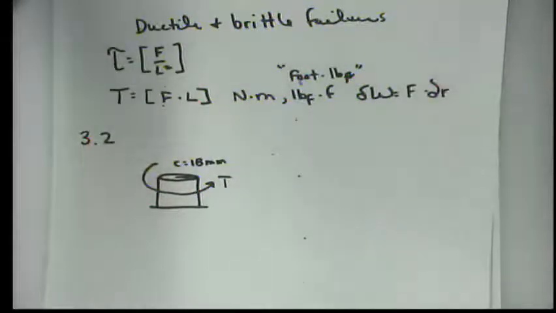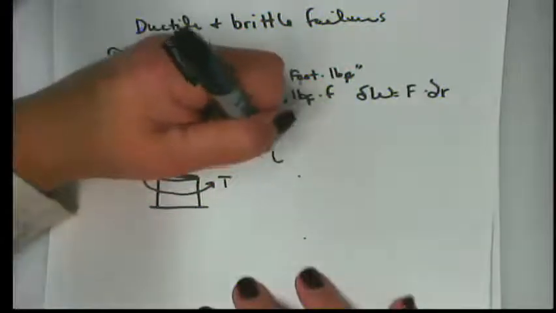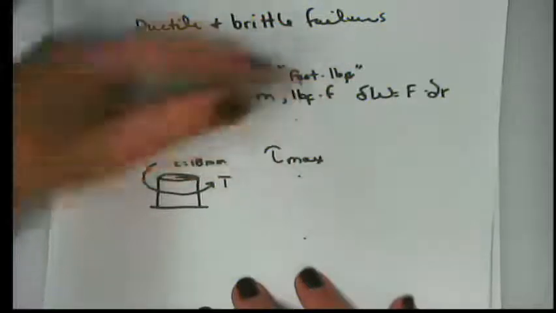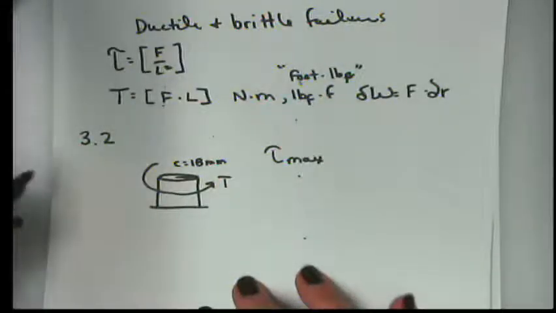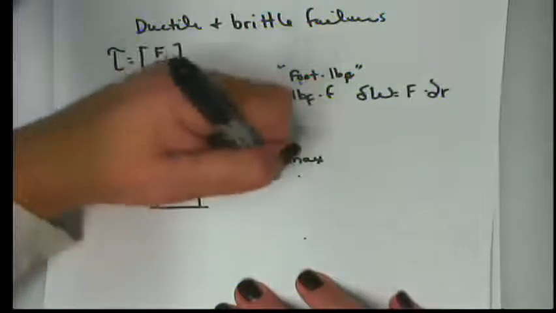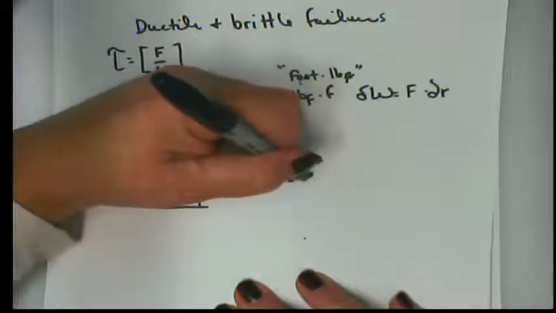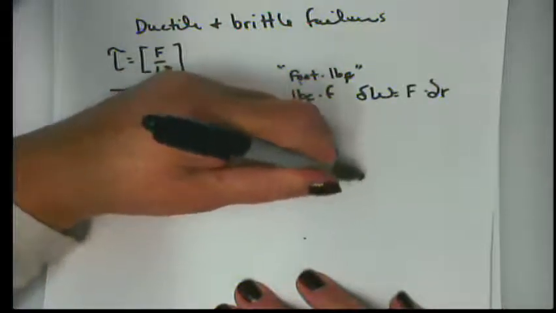It says for the cylindrical shaft shown, determine the maximum shearing stress, tau max, caused by a torque of magnitude 800 Newton meters.